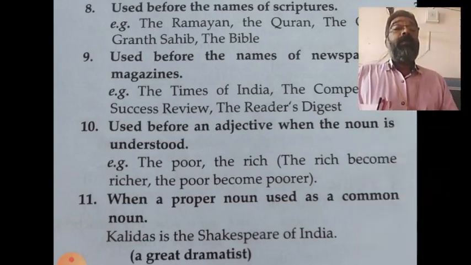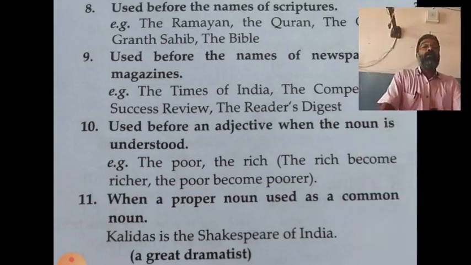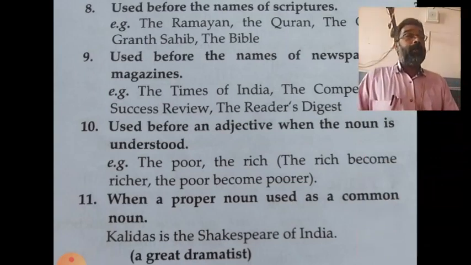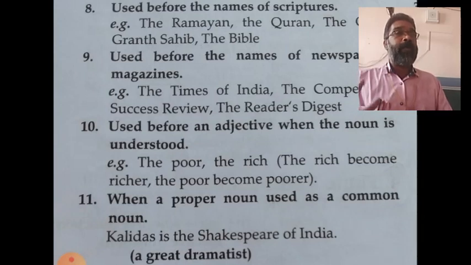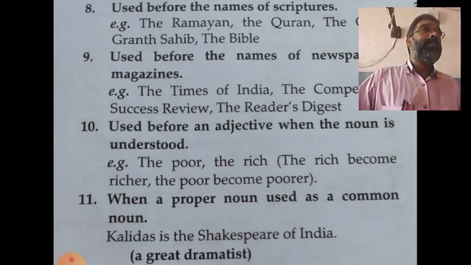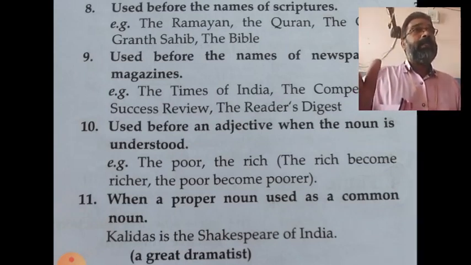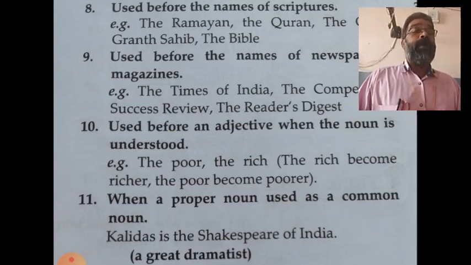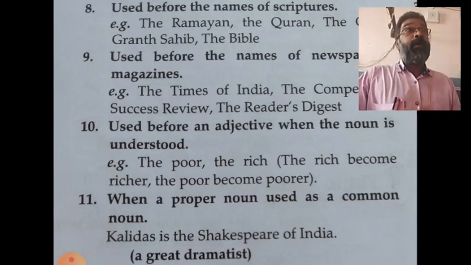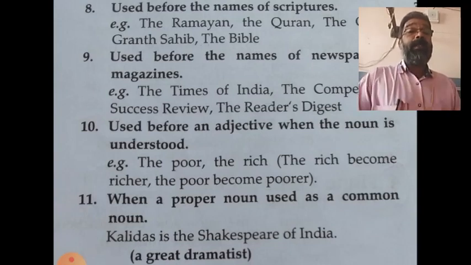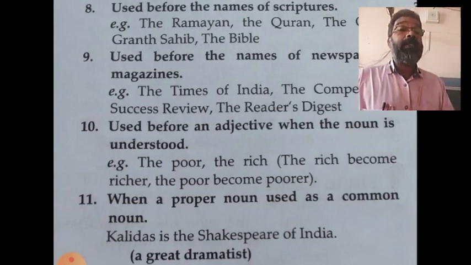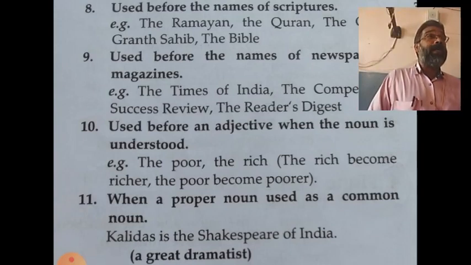Another use: when a proper noun is used as a common noun. A proper noun is the name of a person or place. When a proper noun is used as a common noun, for example, Kalidas is the Shakespeare of India.